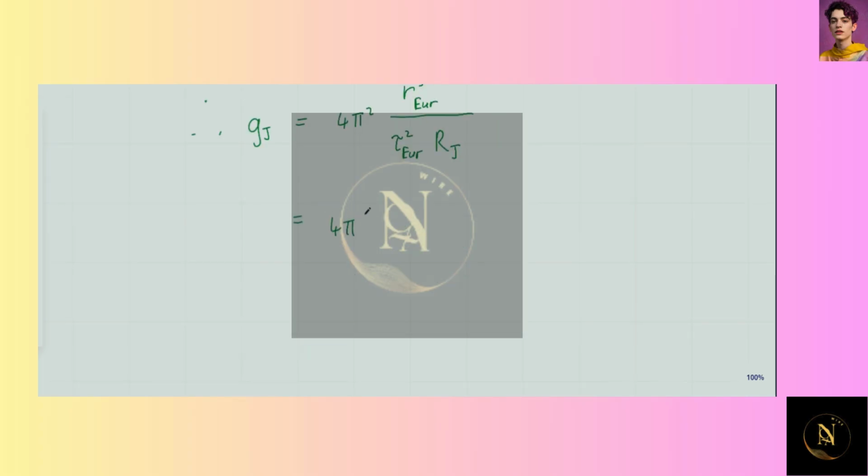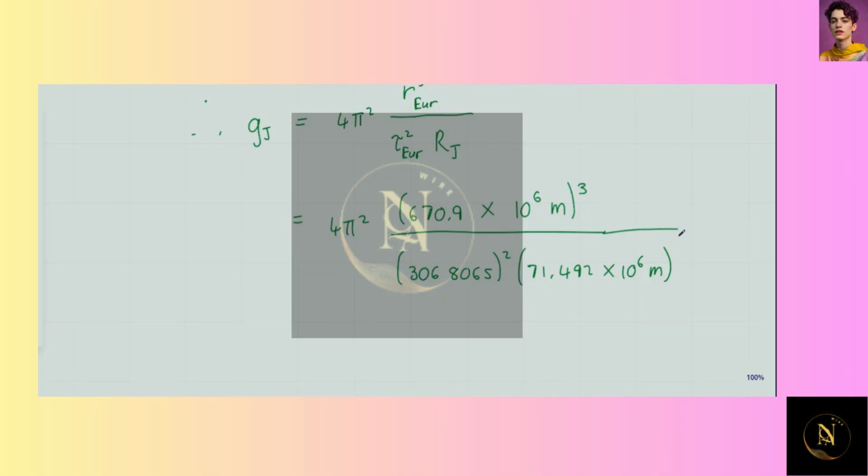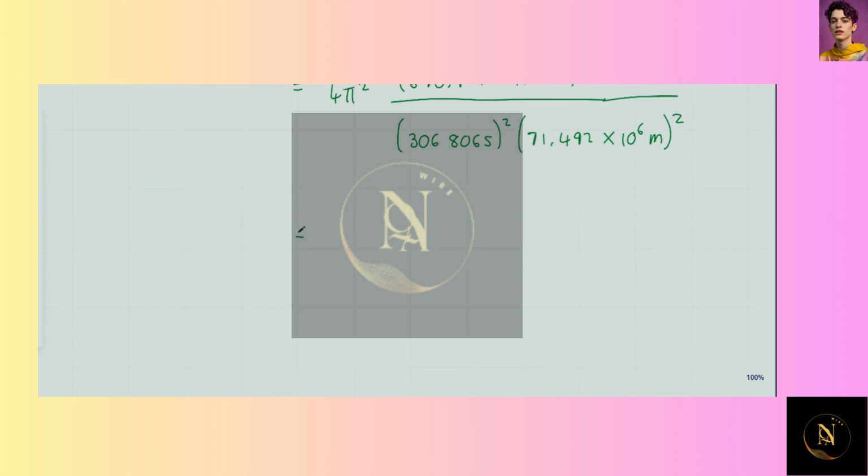So that's 4 pi squared into 670.9 times 10 to the 6 meters, all cubed, divided by the period, which we just calculated to be 306,806 seconds, squared, times the radius of Jupiter, which is 71.492 times 10 to the 6 meters, also squared. So we get our answer in SI units.